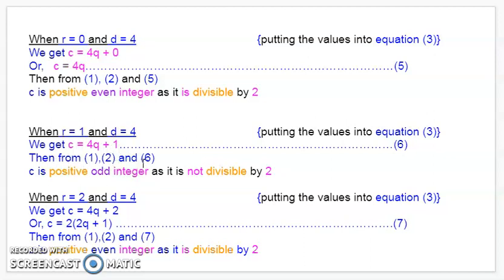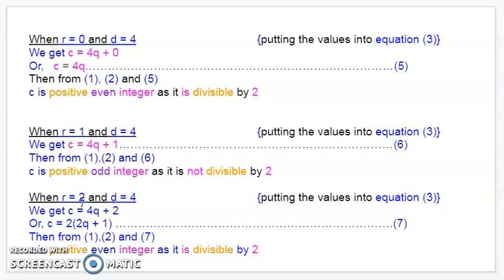So again from 1, 2 and 6, where c is any positive integer and q some integer, all these show that c is a positive odd integer, as 2 is not a common factor for this expression, so it is not divisible by 2, and this will be a positive odd integer.